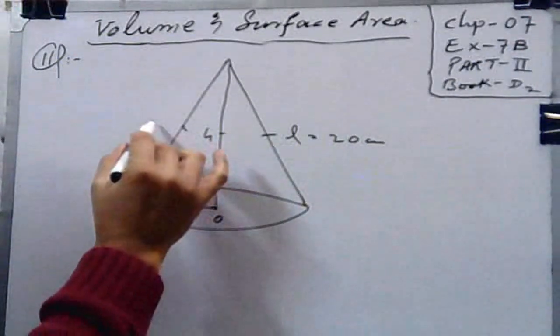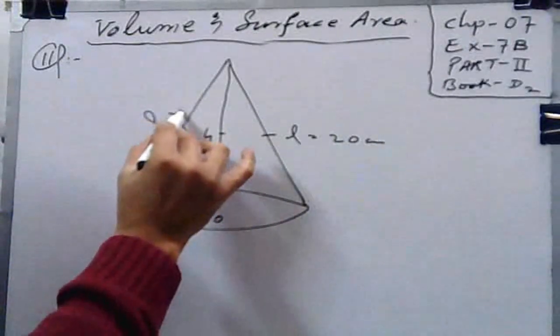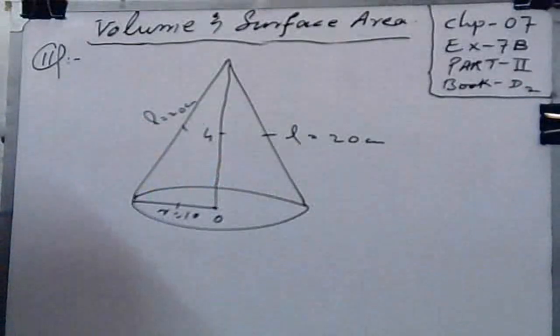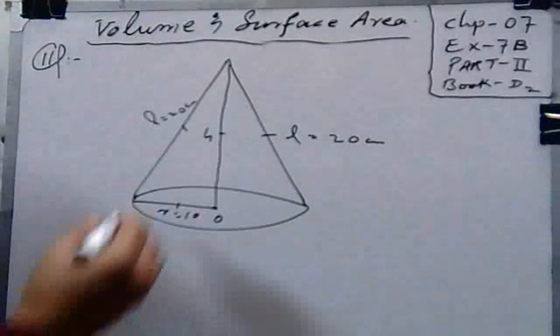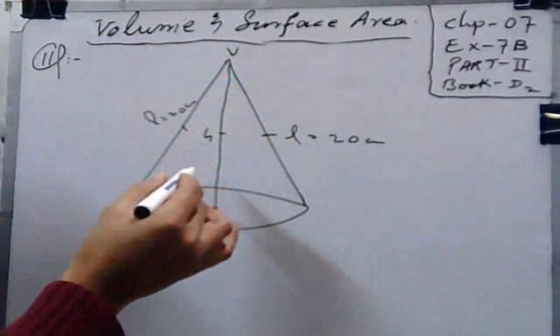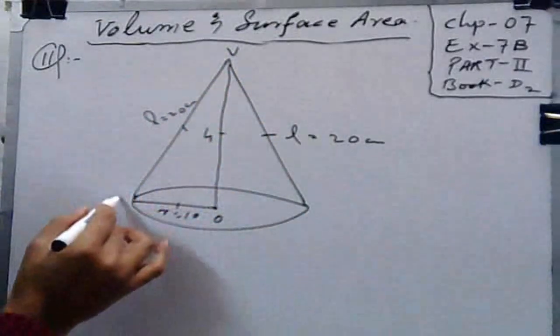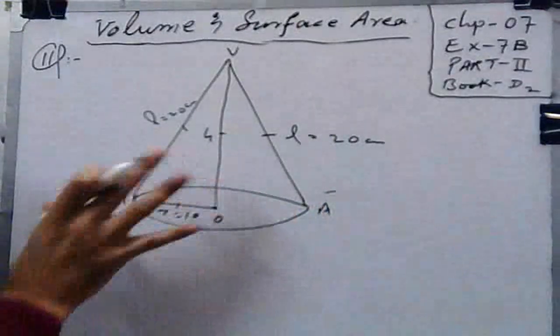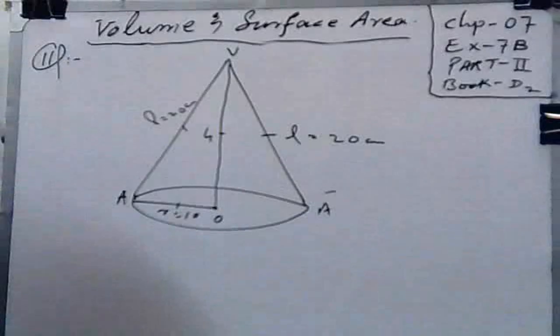So that is your slant height. That is the net of the cone like this. That is your V, and that is your A, and that is your A dash. So in question number 11 we have to draw like this. So it is your configuration like this.